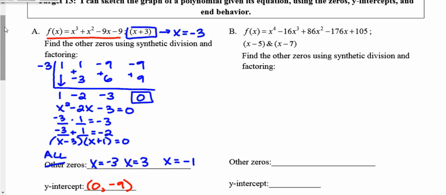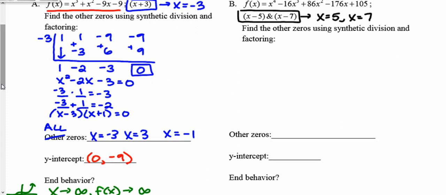So taking a look at what was given. You're given this quartic, and then you're given two factors. And remember, the factors are designed to give you the zeros. So we know that x equals 5 and x equals 7 are both zeros. So looking at where it says other zeros, again, remember, I just changed that to all zeros.